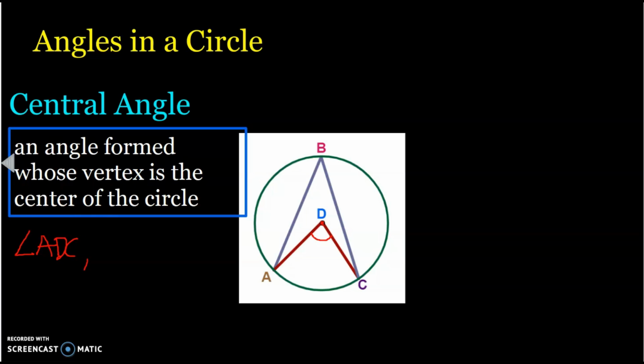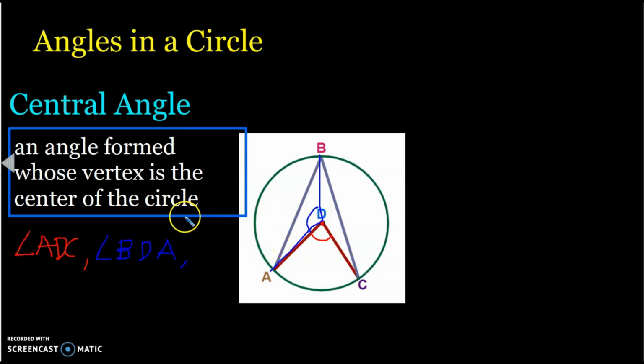But aside from it, we can also name other angles wherein the vertex is the center of the circle. If I connect B with D, and so with A, there we have another central angle formed, which we identified as angle BDA. So we now have two central angles.